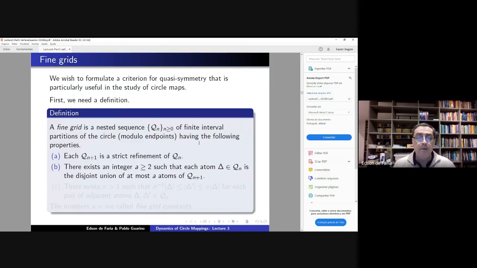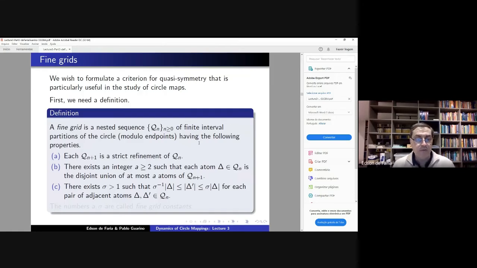Moreover, when you go from one partition to the next, when you refine, each atom at a given level is broken into at most a number A of atoms at the next level. So A could be like 10. Every atom of a partition at level n is broken into at most 10 atoms at the next level. Moreover, adjacent atoms at the same level are comparable.